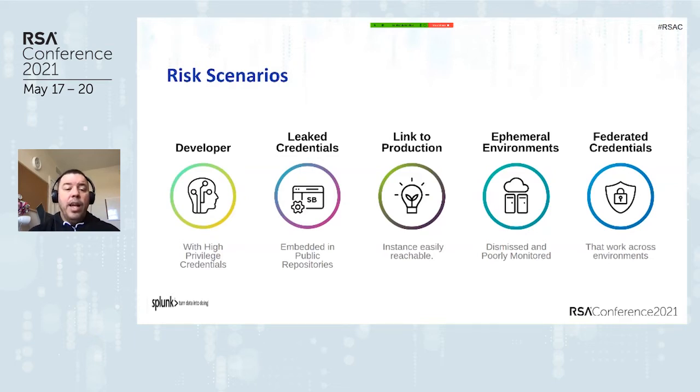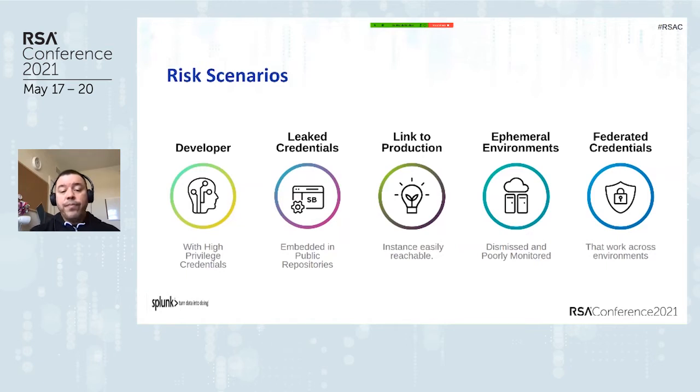And here are some risk scenarios that you should consider within this context. One of them is developers with very high privileges who are pushing code or logging into servers. For example, a developer logs in locally with high privileges, then logs into a cloud server, reuses the same credentials, makes a mistake, and hard codes credentials in some code.